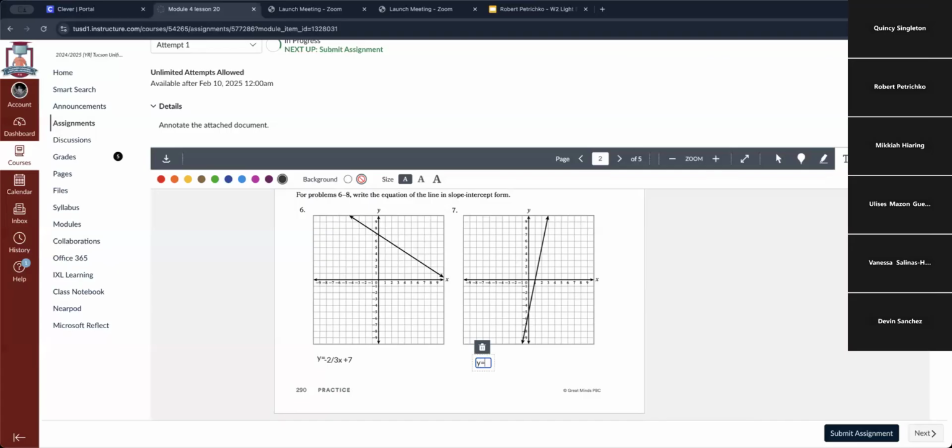Okay, so 1, 2, 3, 4. It looks like you go up 4 and over 1. So that's 4 over 1, which equals 4, which is the slope.